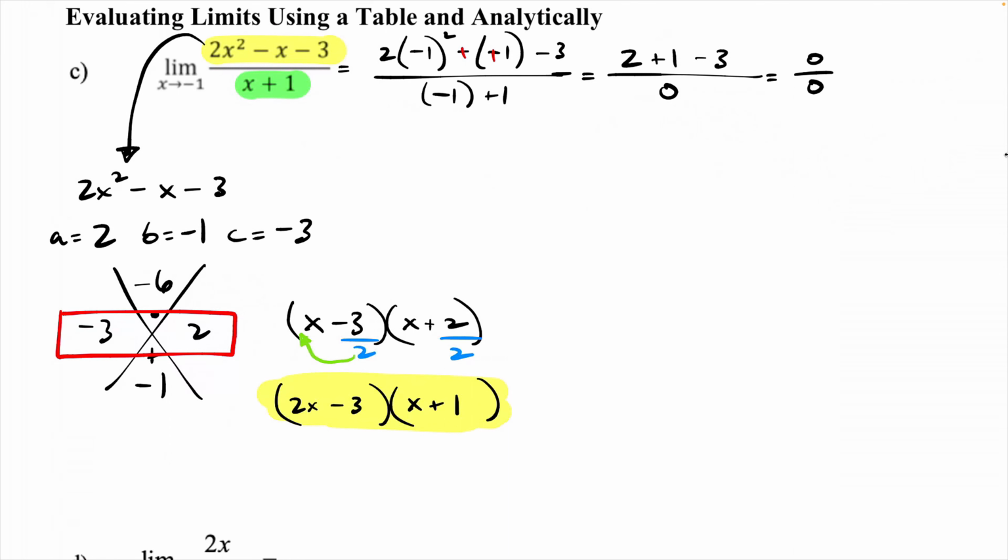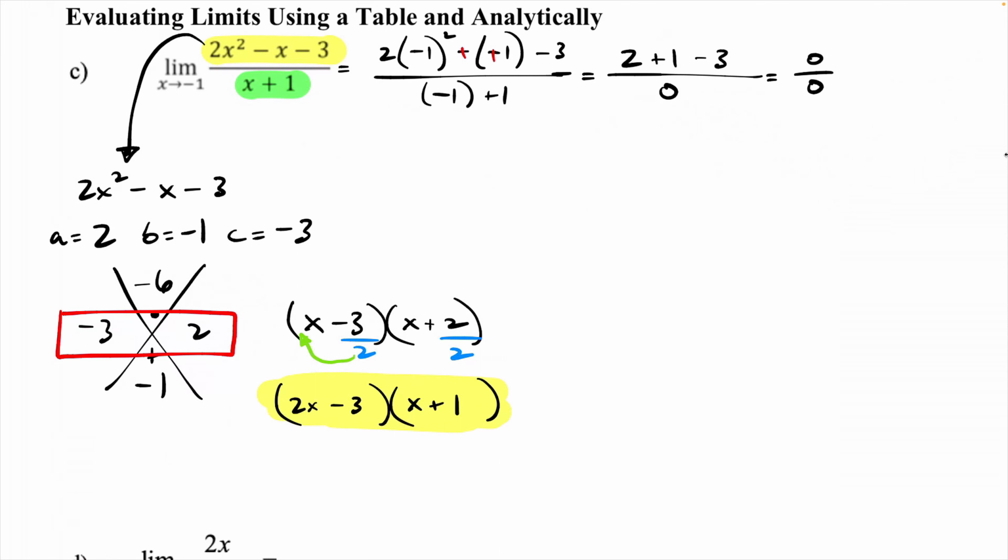It's like writing, instead of writing 18, I write 6 times 3. Aren't those both 18? It's the same thing. This one is this times this, so it's kind of like 6 times 3. That one up there is already multiplied. Okay? It's just broken down, in other words.